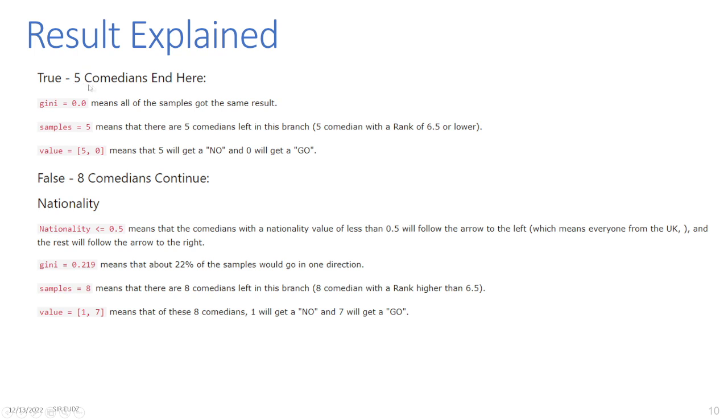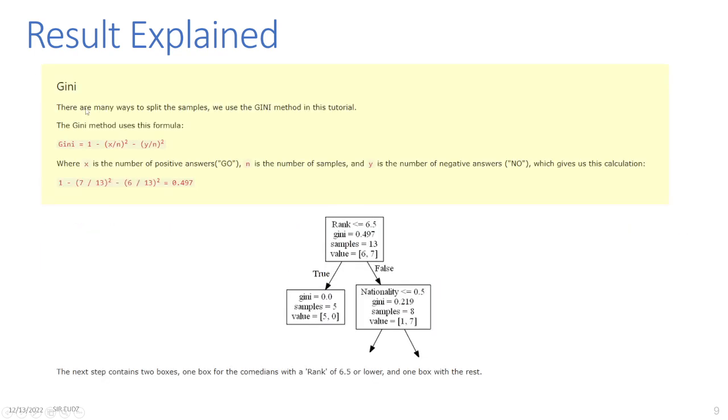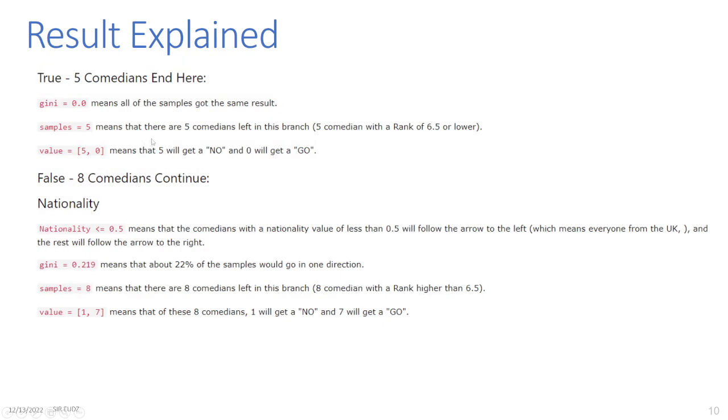So the 5 comedians end here, the Gini is 0.0, so it ends here. You notice 5 will get a no, and 0 means the same result, meaning there are 5 comedians left in this branch, 5 comedians with rank 6.5 or lower, and the value 5 means that 5 will get a no and 0 will get a go.